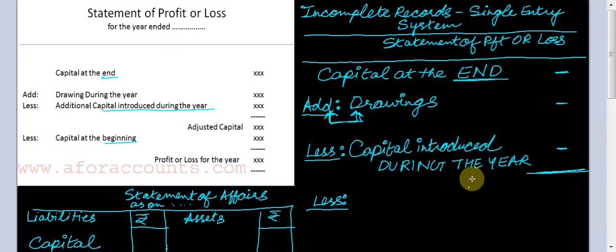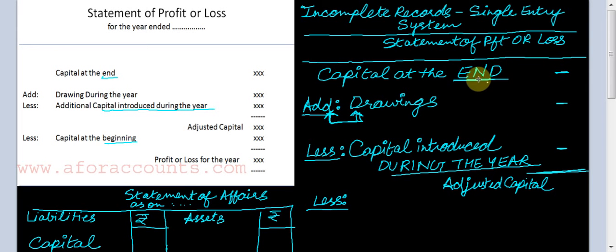What you get is called adjusted capital. Now I have reached during the year, and what remains is only the beginning.